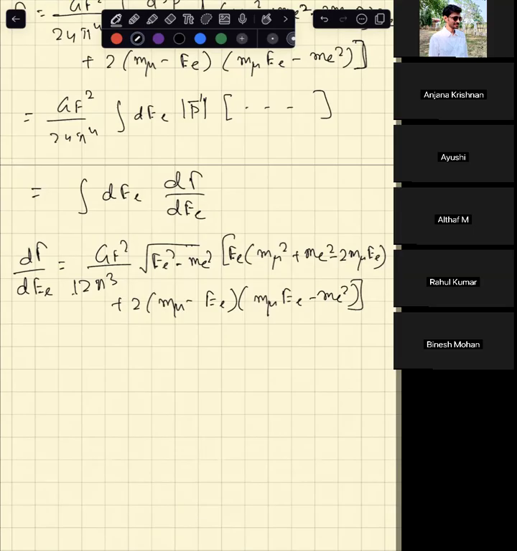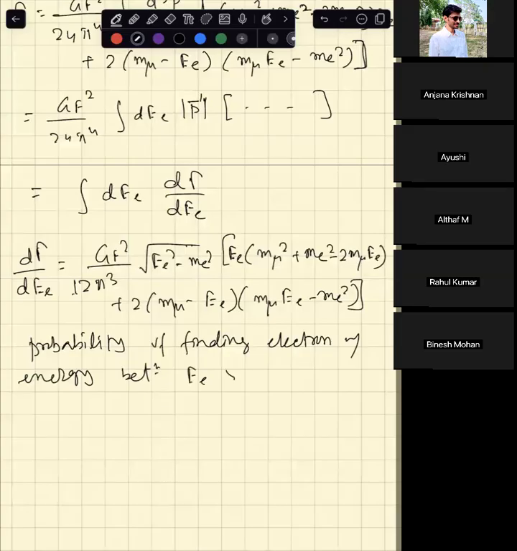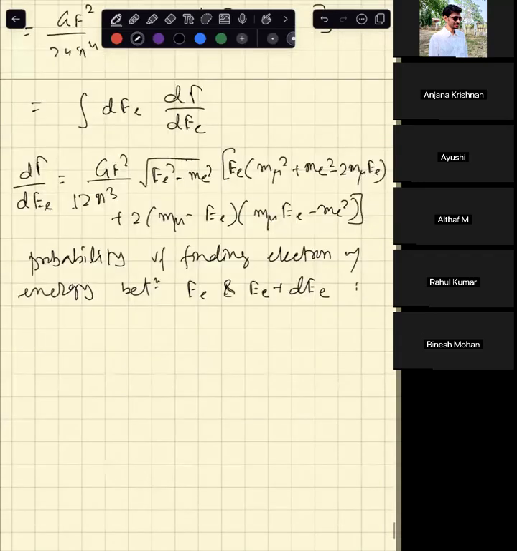That if the muon is decaying, then we'll observe the electron having an energy between E and E plus dE, and the probability of finding an electron with energy between E and E plus dE is 1 by Γ, weighted by dΓ/dE.